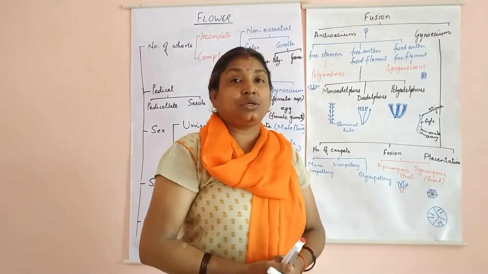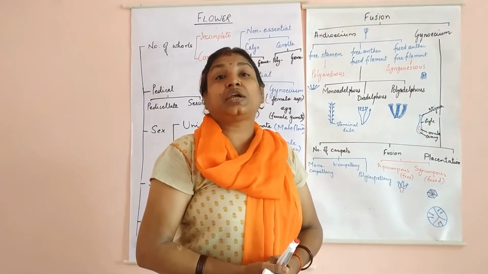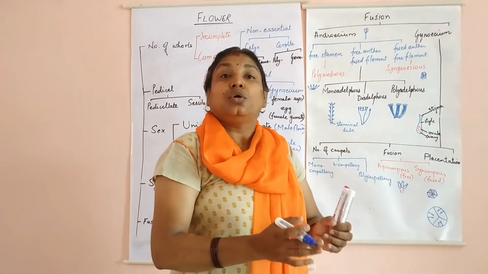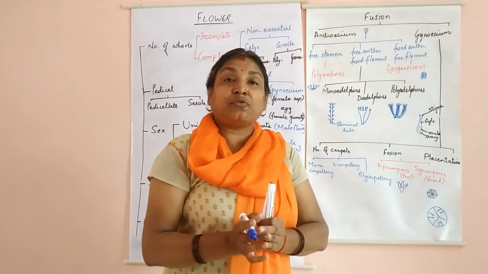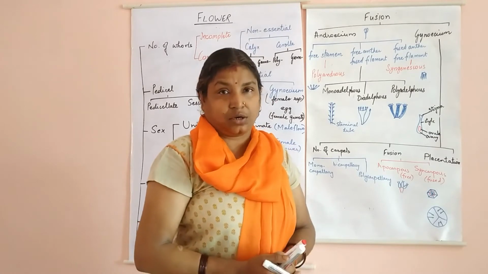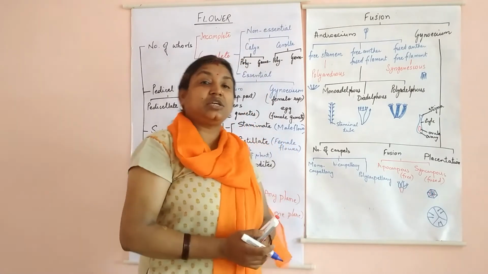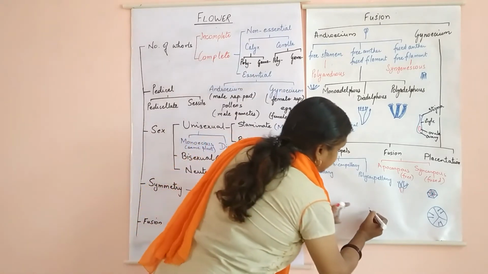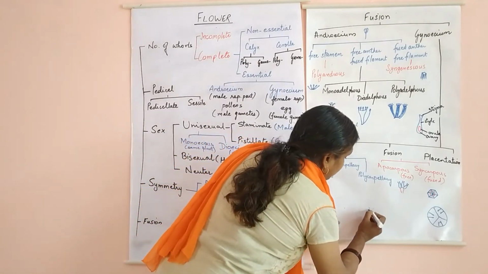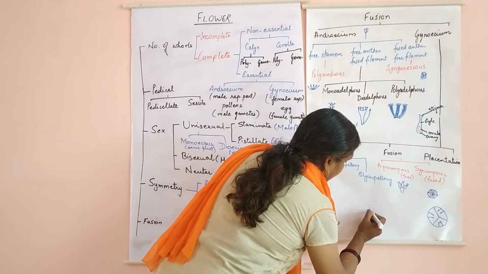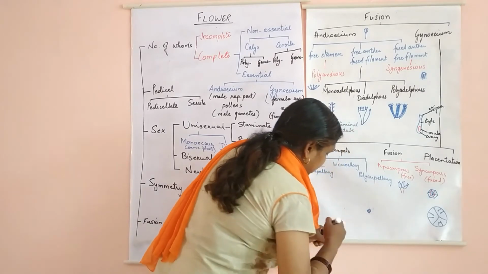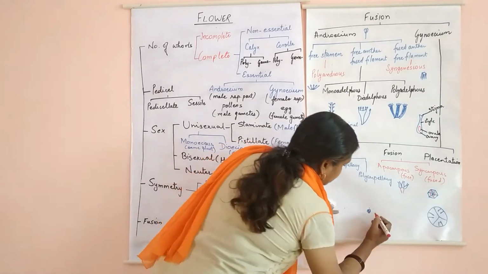Now apart from this, there are some more special cases where you will see a flower very different from your general flower, like in bougainvillea. In bougainvillea, the flower is very small and surrounded by colorful bracts.